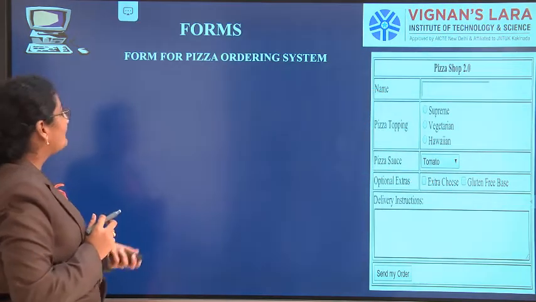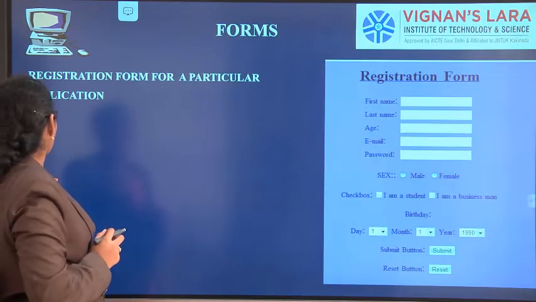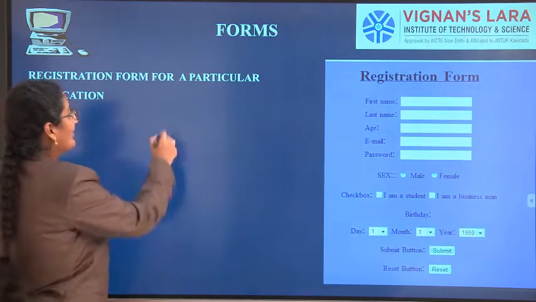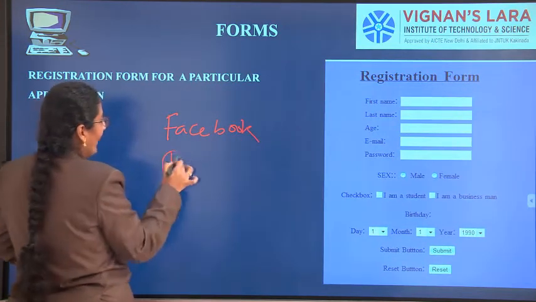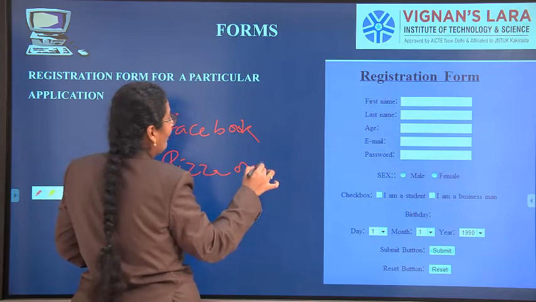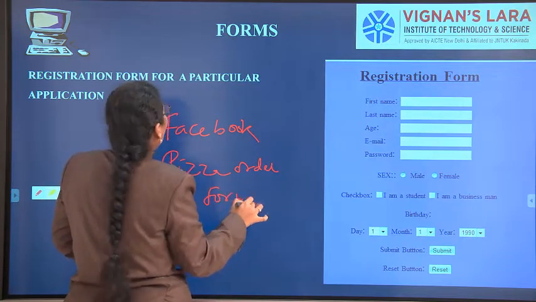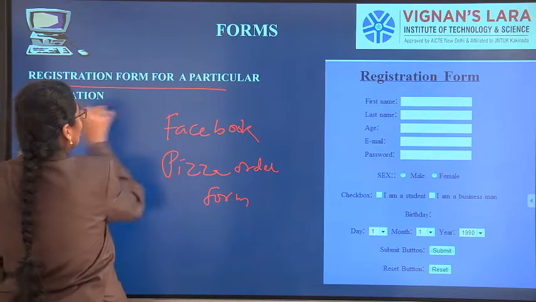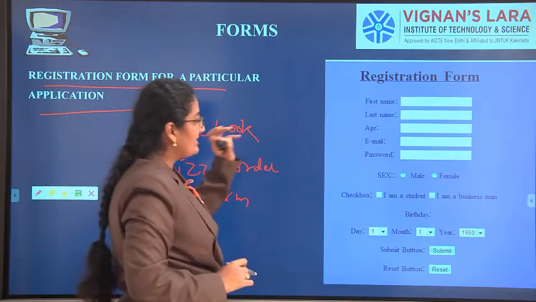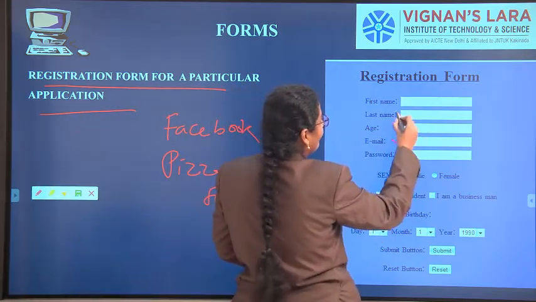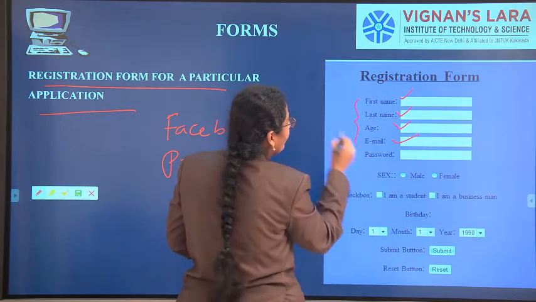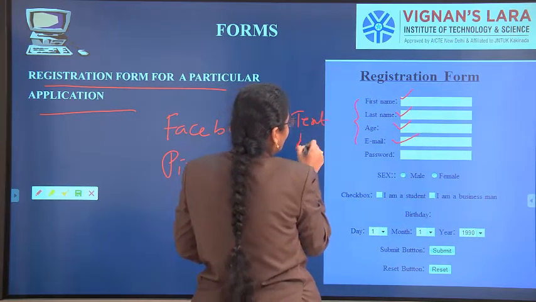So let us see another example. Till now what have you seen? You have seen Facebook login page. You have seen pizza order form. Now let us see a particular registration application. If you want to register, as I already told you, your email address, age, last name, first name, all these will be text box.